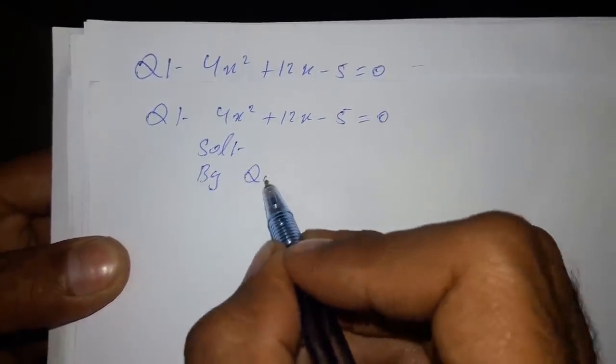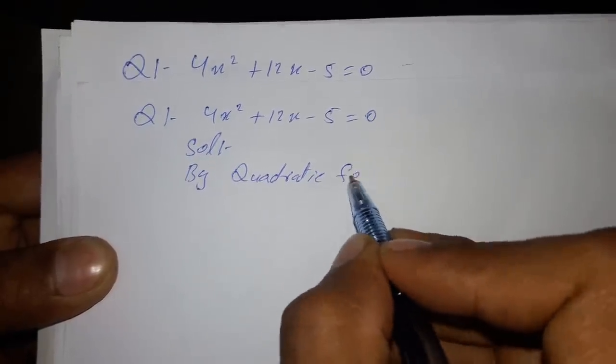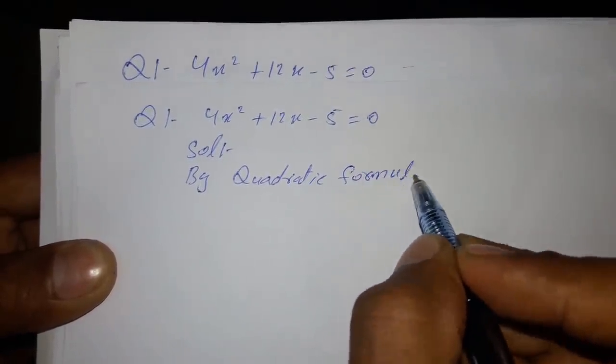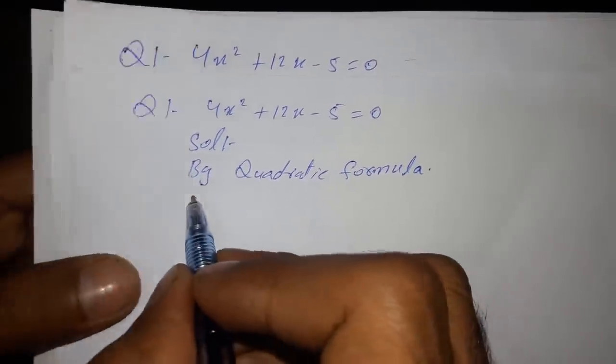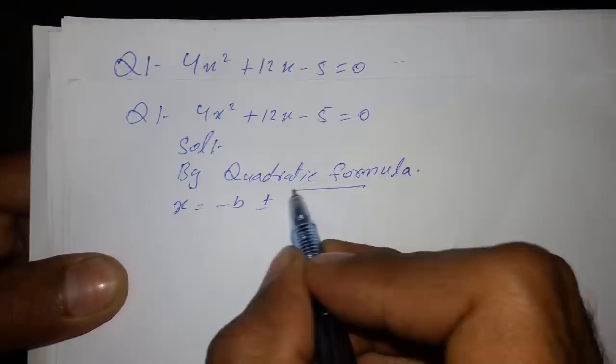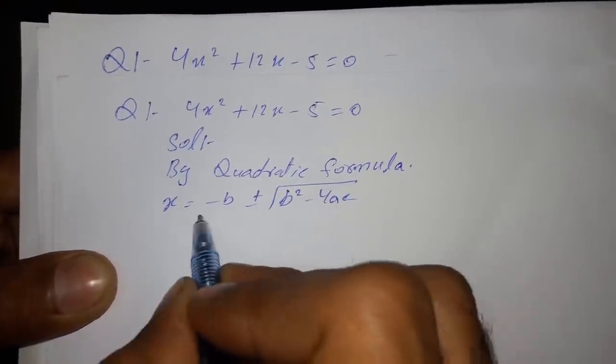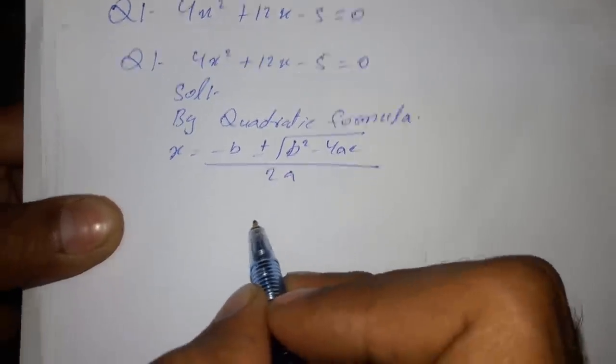So now, the solution by quadratic formula. What is the formula? x equals minus b plus minus square root of b squared minus 4ac, divided by 2a.